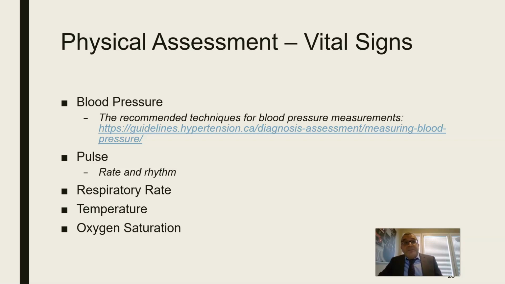By checking the pulse, you can check the rate and the rhythm, not only how many beats per minute, but whether there are any signs of arrhythmia, if the beats are regular or irregular. For example, irregular beats may be a sign of arrhythmia or atrial fibrillation, so this probably warrants further investigation. Then respiratory rate, temperature, and oxygen saturation.